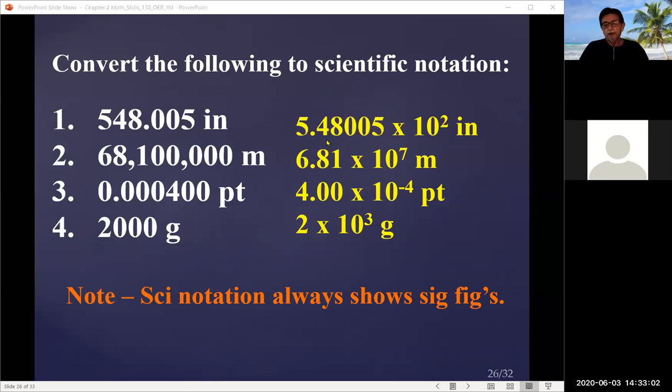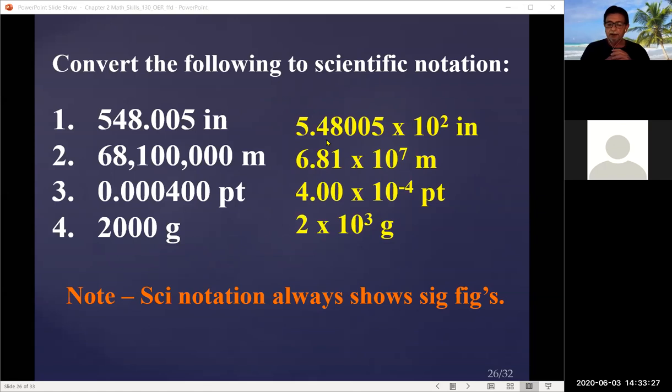Okay. Example number 2 has 3 sig figs. So when we write in scientific notation, we have to make sure we have 3 sig figs. So 6.81 times 10 to the 7th. Okay. Number 3, it's a number less than 1, so automatically tells us our exponent, our superscript, is going to be negative.